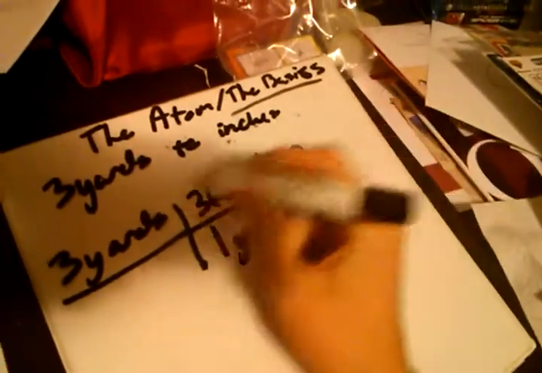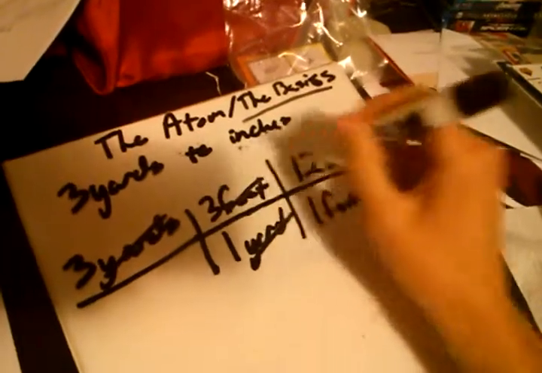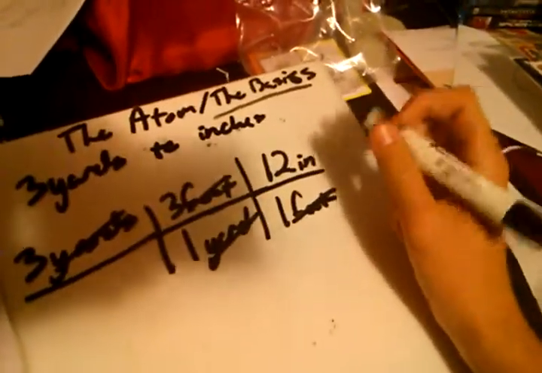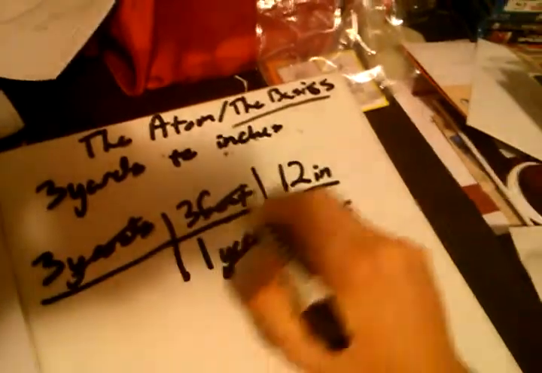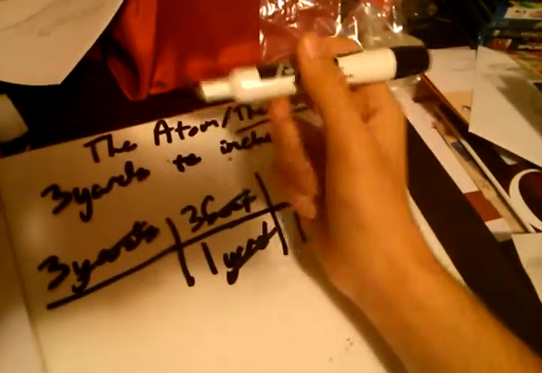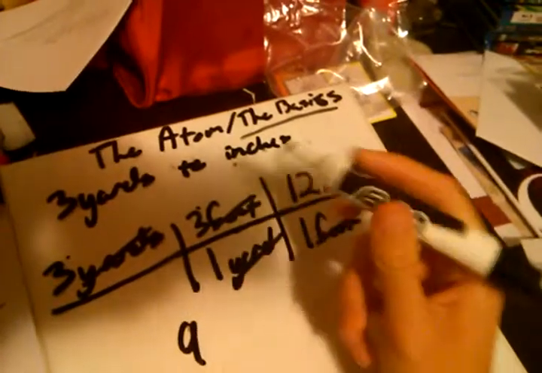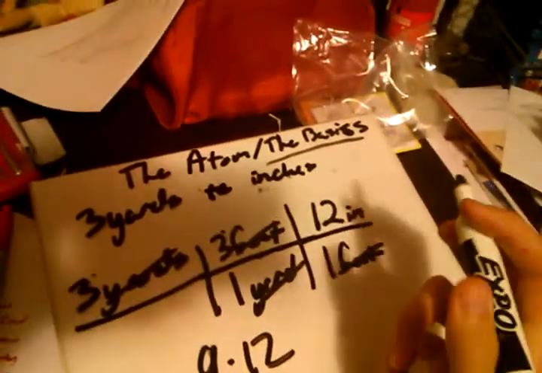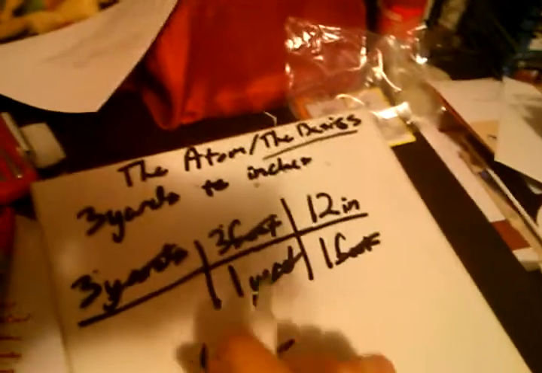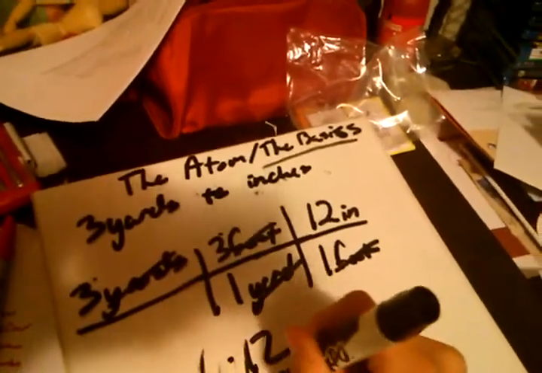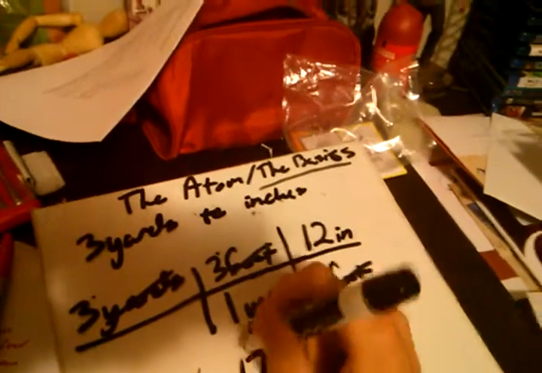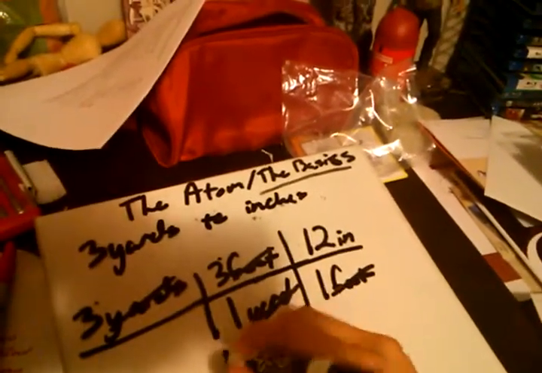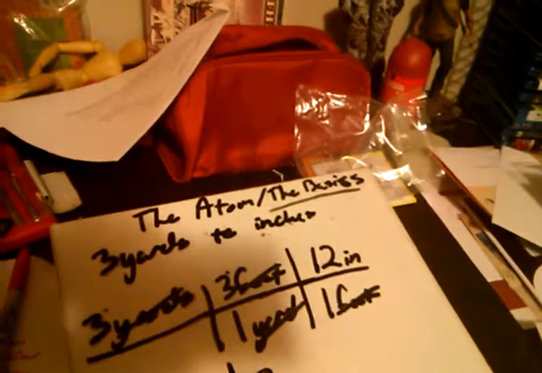So then we can see that the yards cancel off, and then the feet cancel out. And then all you have to do is multiply these 3 numbers, which is 3 times 3 is 9, and 9 times 12 is, let's go the long way, right? 9 times 2 is 18, 9 times 1 plus the other one is 10. So we see that 3 yards equals 108 inches.